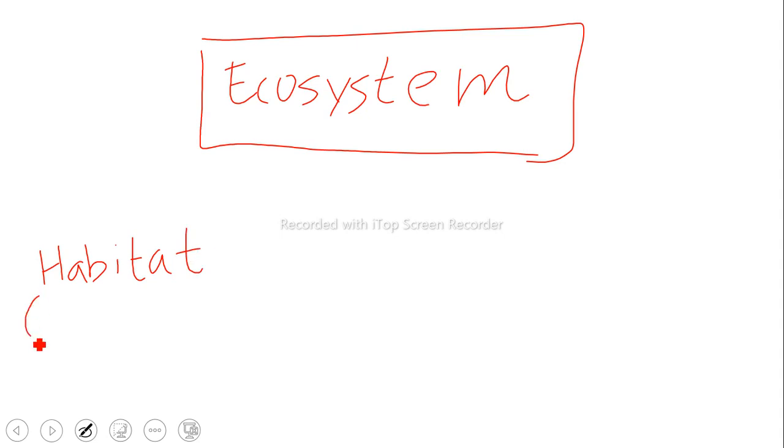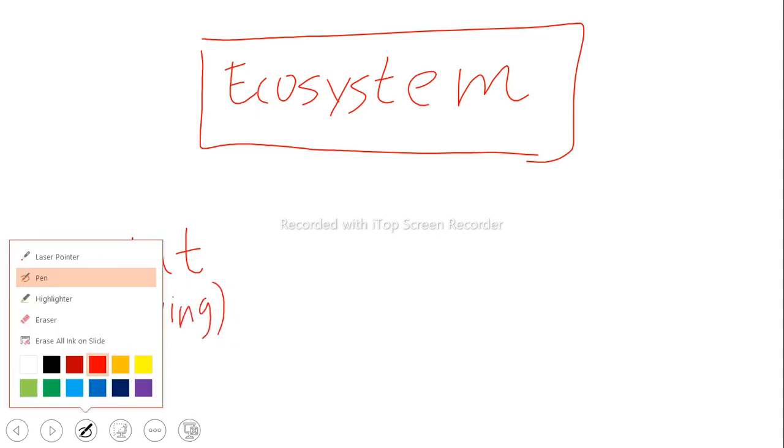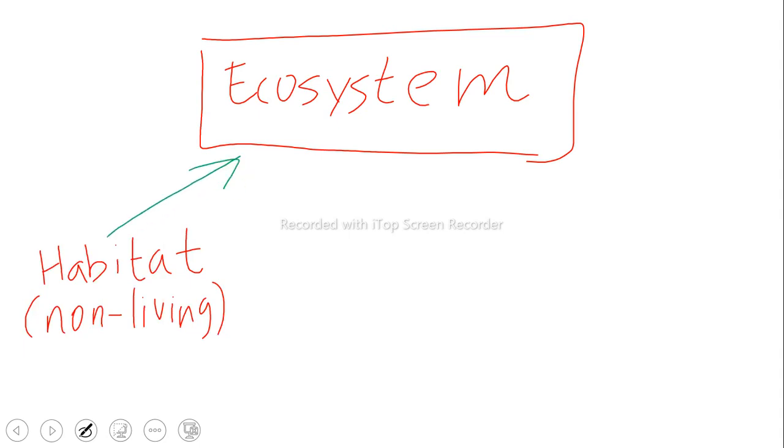Habitat is what? Living or non-living? Both. That is the place where they live, right? The place where the organisms live.